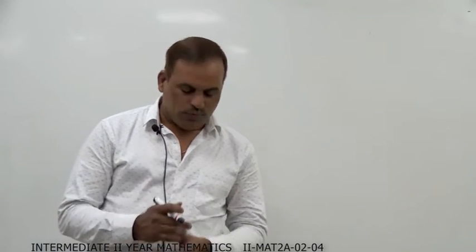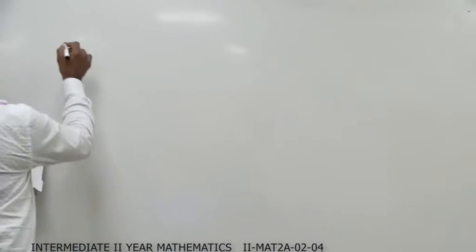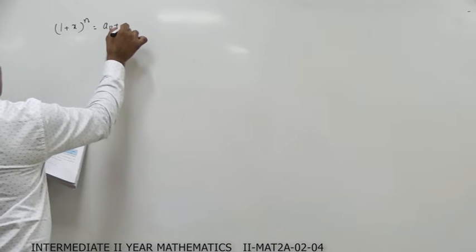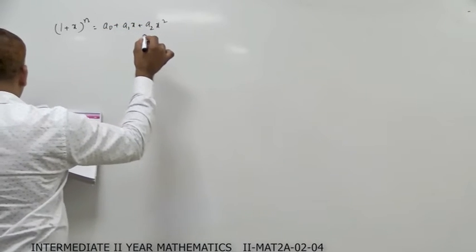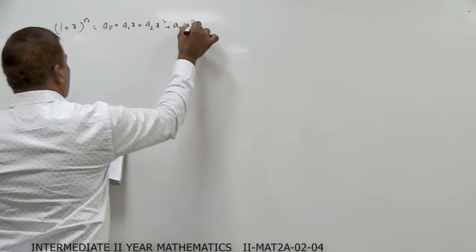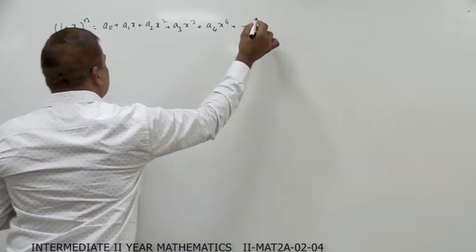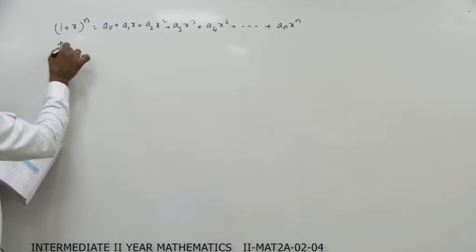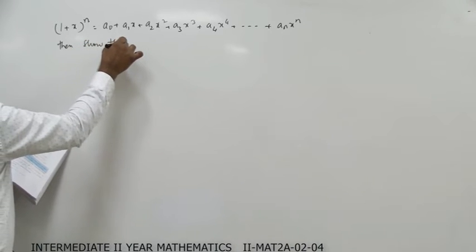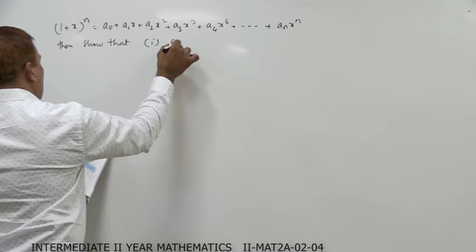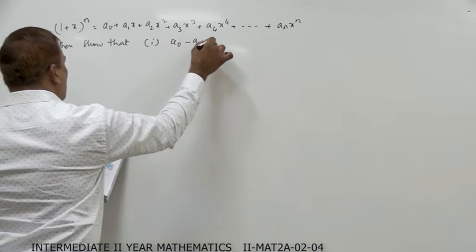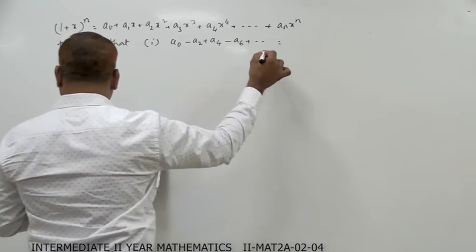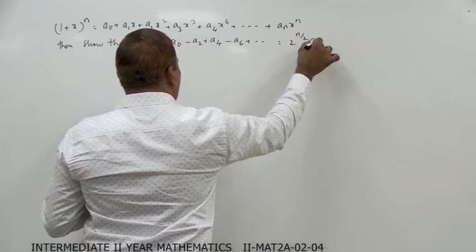We'll start the fourth problem now. If (1 plus x) whole power n is equal to a naught plus a1x plus a2x square plus a3x cube plus a4x power 4 plus and so on an x power n, then show that the first bit, a naught minus a2 plus a4 minus a6 plus and so on, is 2 power n by 2 into cos n pi by 4.